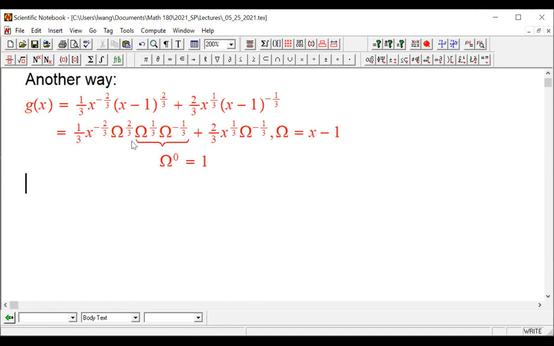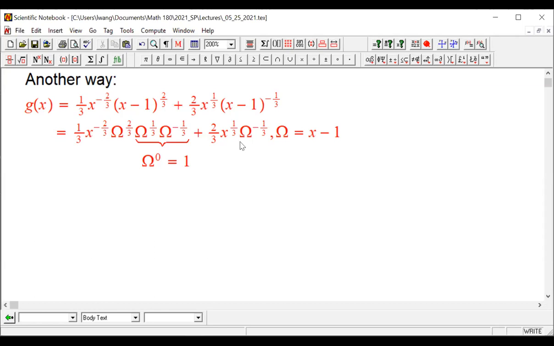Omega base, power 1/3 plus negative 1/3, that's a 0. You see that? Why do I do this? Because I want to have this guy and that guy. Those are the two pieces I want to factor out.